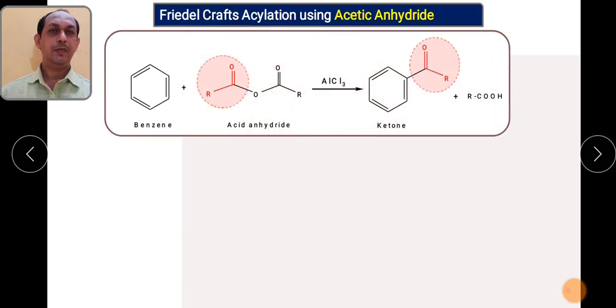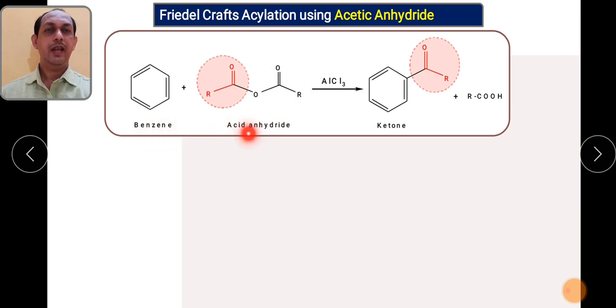This reaction can also proceed with the help of acetic anhydride. In place of acid chloride, if you take acid anhydride, the reaction can still proceed. As you can see, in acid anhydride the oxygen is in between two acyl groups, a symmetrical compound, these groups are the same, right? So what will happen, let us see.